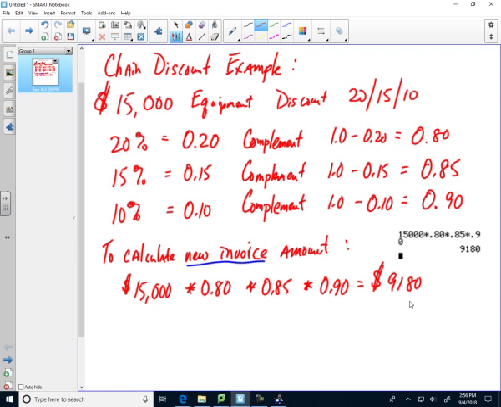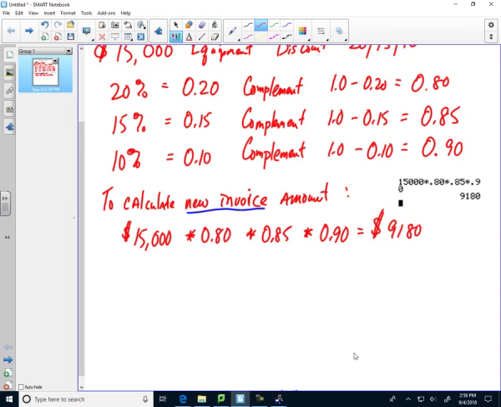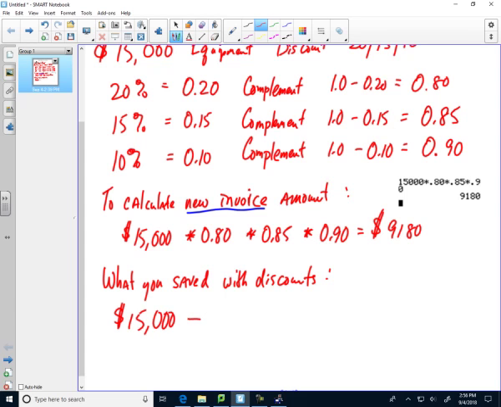Okay? If you absolutely want to know what you saved with the discounts, you would take the original 15,000, subtract what your new invoice is, and you're going to get that number.